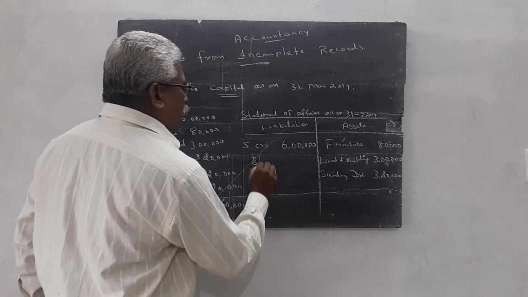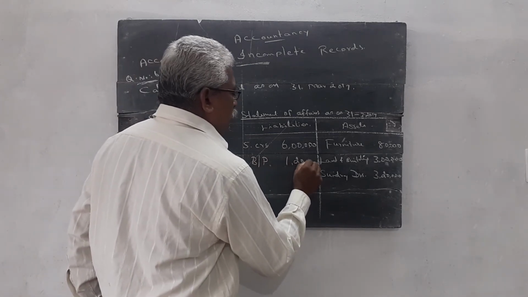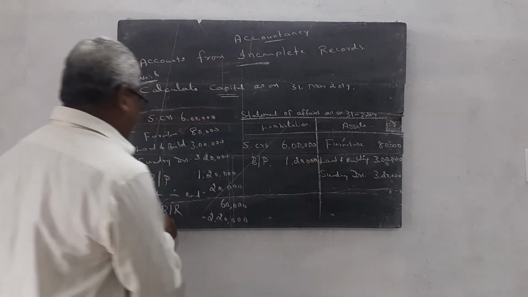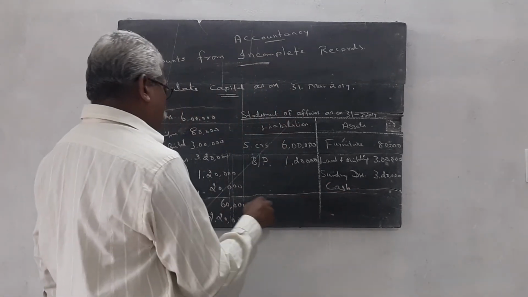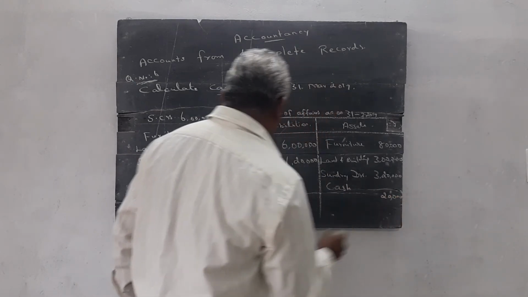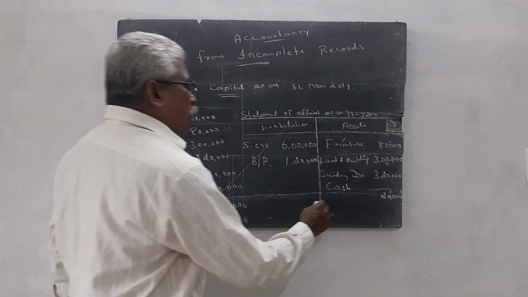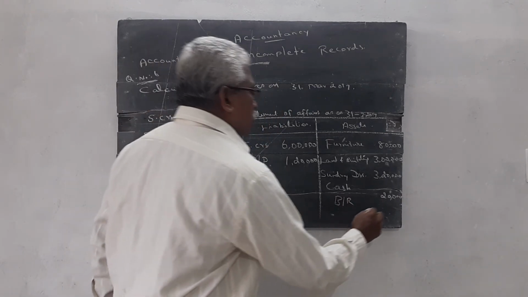Bills payable is a liability, 1,20,000. Then cash in hand is an asset, cash 20,000. Then bills receivable is also an asset, 60,000.